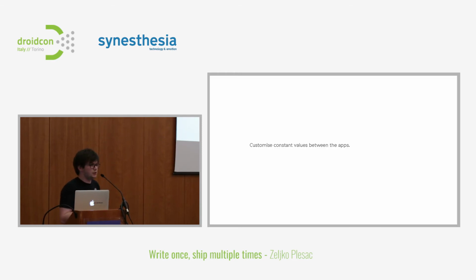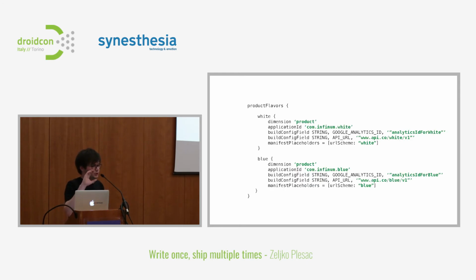between the apps. So basically, if you have flavor type architecture, you define constants in your Gradle file, change the values per product, and then use the constant values in your app. For example, let's say that we have 2 apps in our white label system.